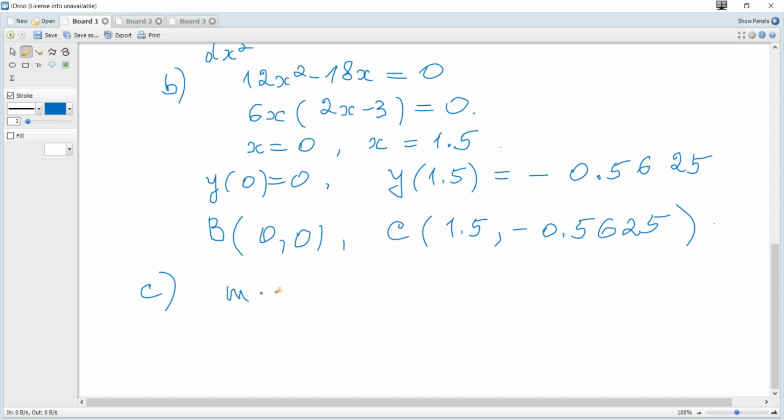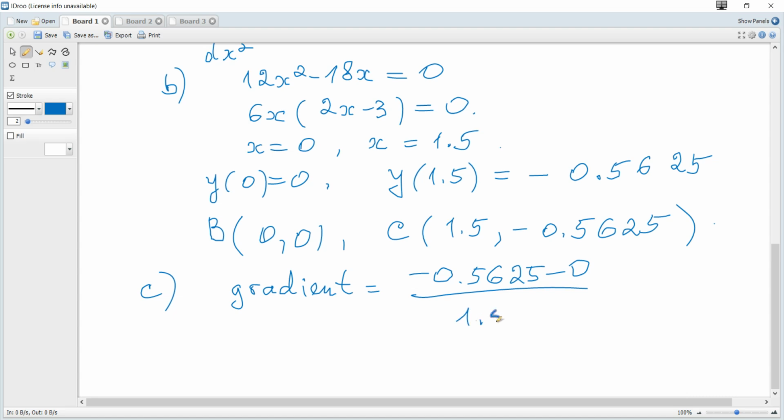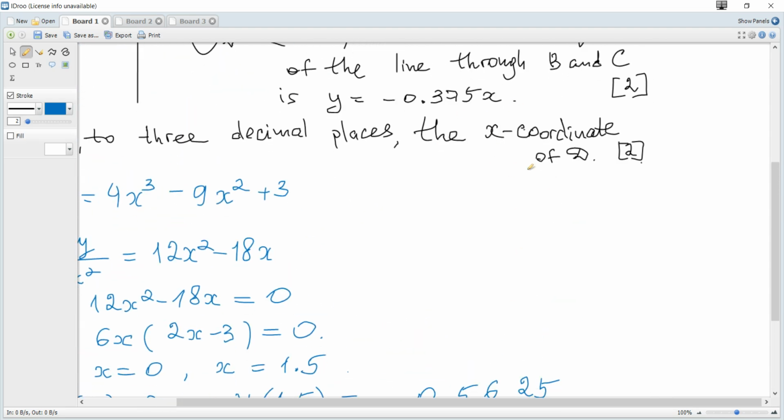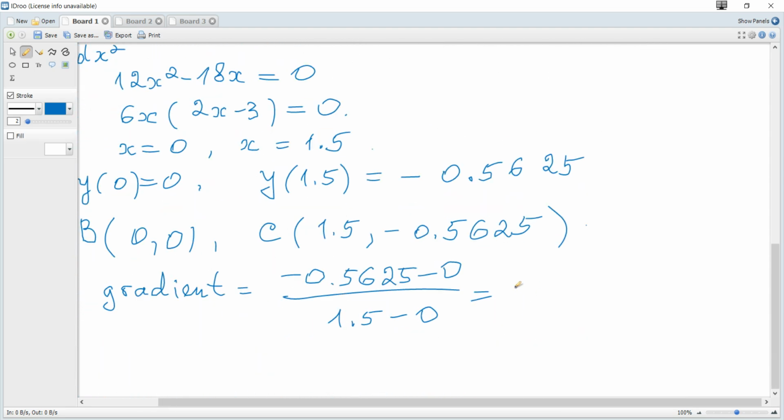Using the formula for gradient, rise over run, the gradient is negative 0.5625 minus 0 over 1.5 minus 0, and you may use a calculator.